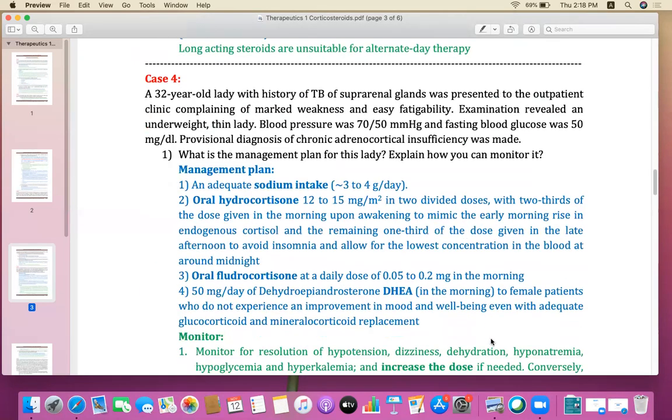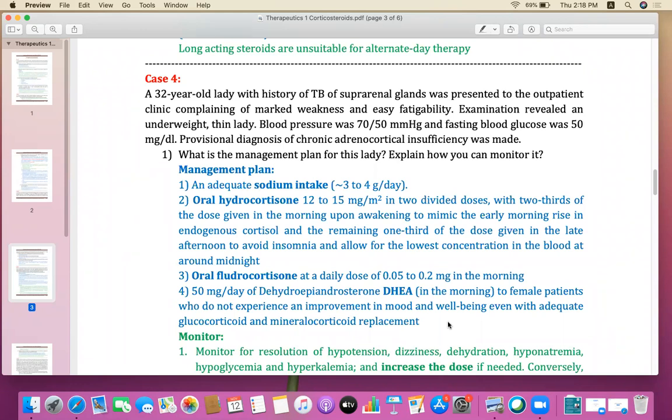Case 4, a 32-year-old lady with history of TB of suprarenal glands was presented to the outpatient clinic complaining of weakness and easy fatigability. Examination revealed an underweight, thin lady, blood pressure was 70/50, hypotension, and the fasting blood glucose was 50, hypoglycemia.